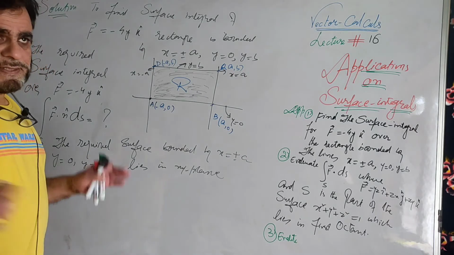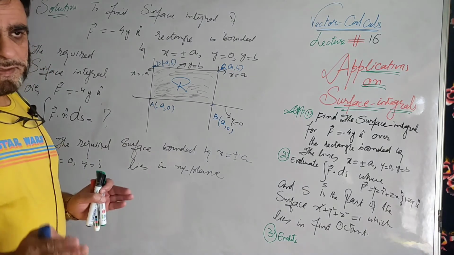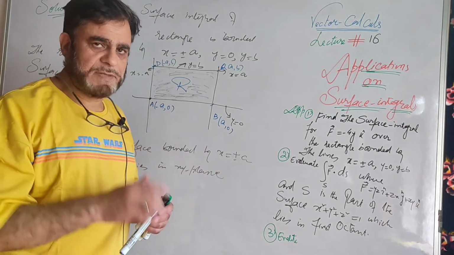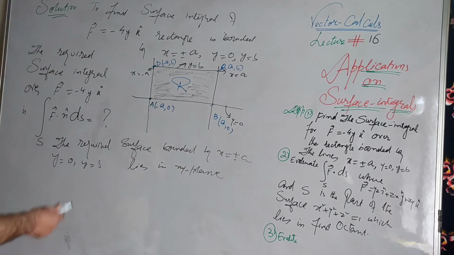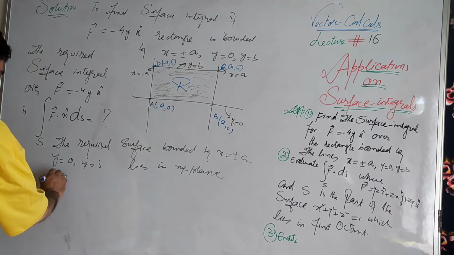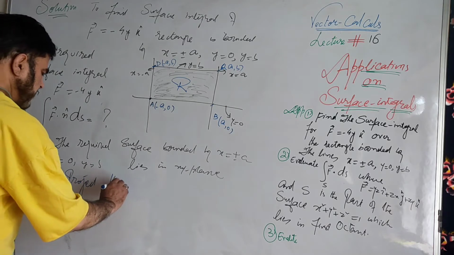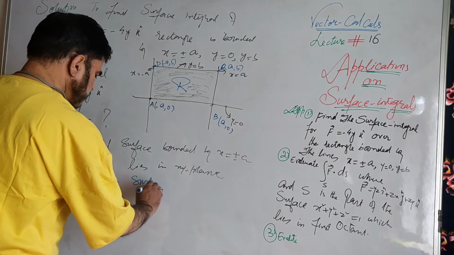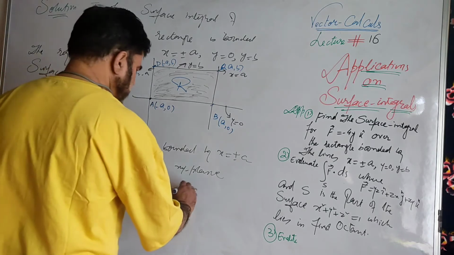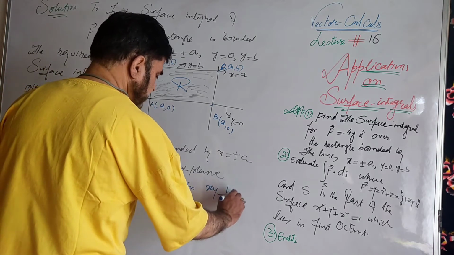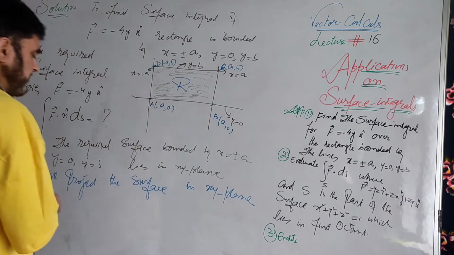So when it lies in the xy plane, if it is parallel or lies in a plane, we project it onto that very plane, as in lecture number 15. So we project the surface, which is a rectangle, onto the xy plane. So what is the surface integral then?